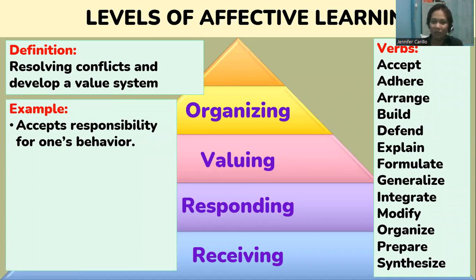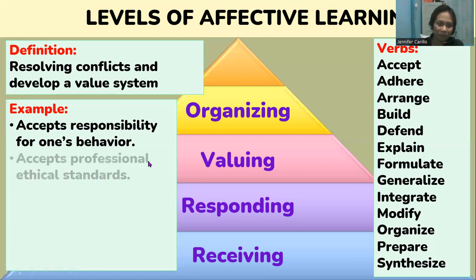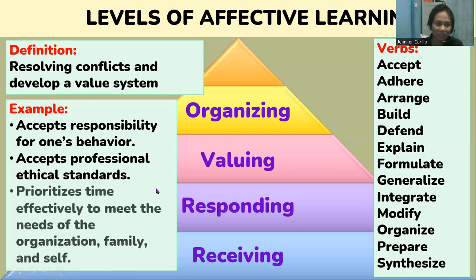For example, if you did not study, just accept that you need to take a remedial, you really need to study. So accepts responsibility for one's behavior, accepts professional ethical standards, and lastly prioritizes time effectively to meet the needs of the organization, family, and self.